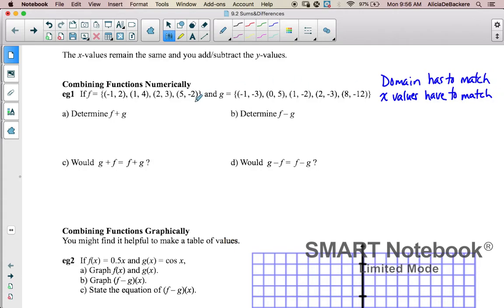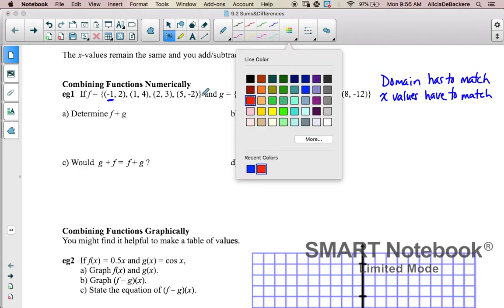So let's see if we can find some matching x values. So see here that f at x has an x value of -1 in the first point. And I can see that g at x also has a point at -1. Now, f at x has an x value of 1, and g at x also has an x value of 1. So we're going to use both of those.